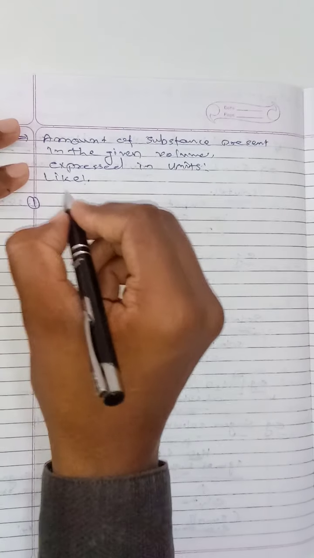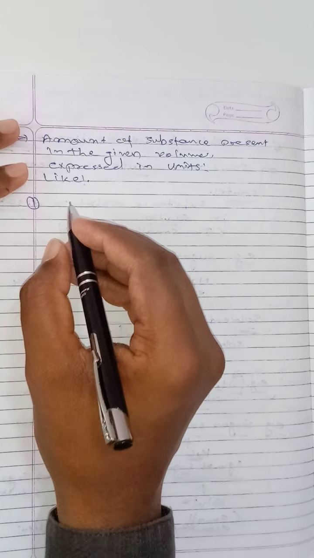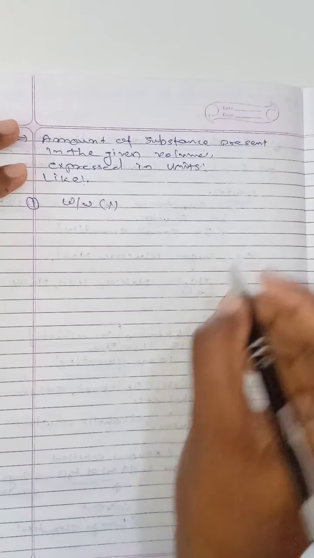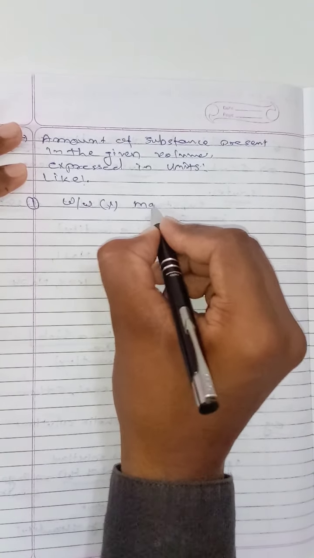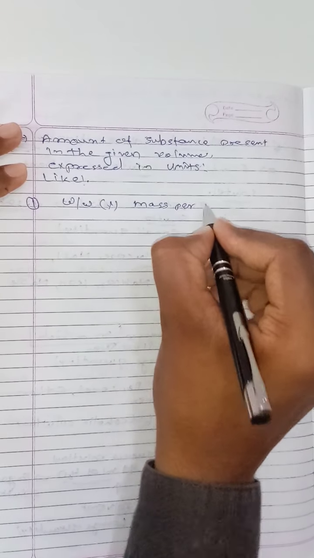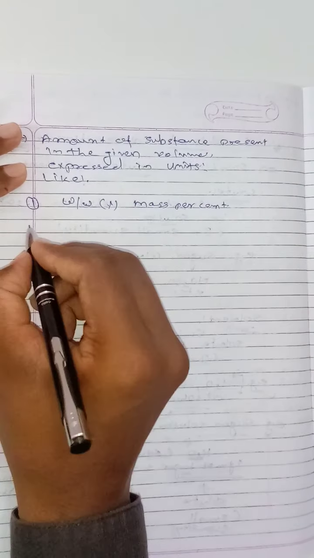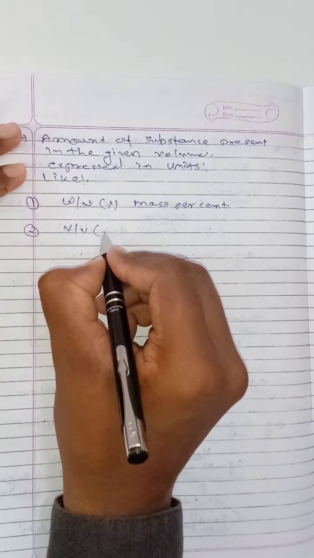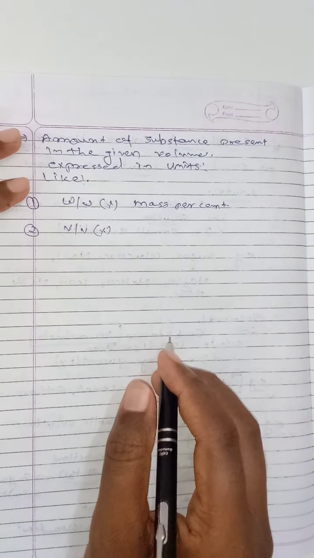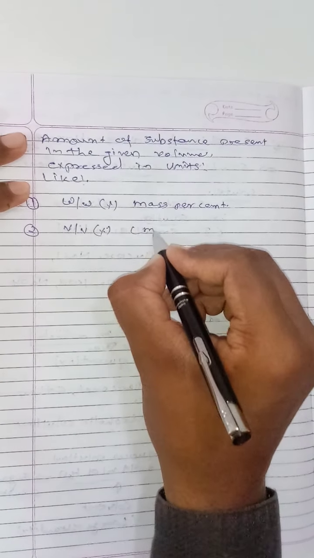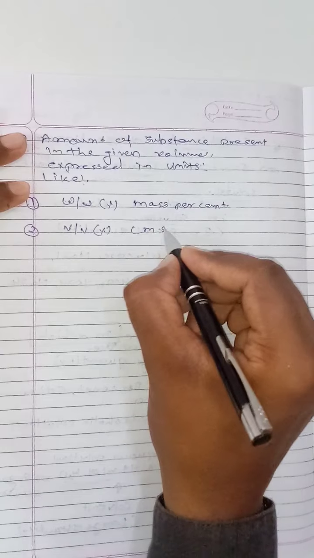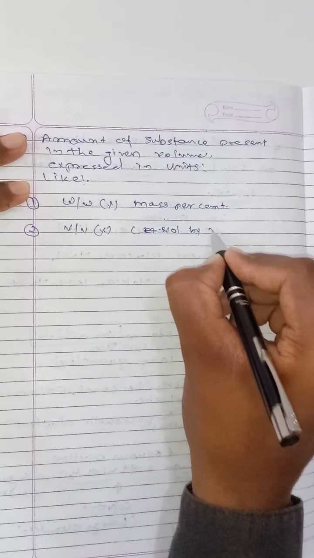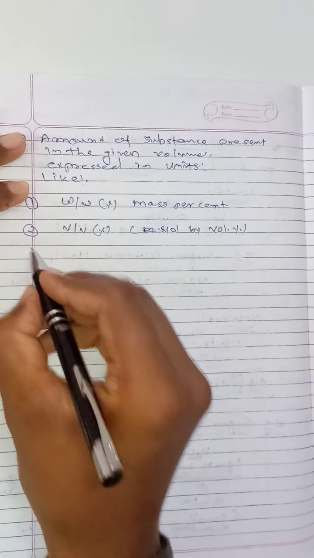Number 1, mass percent. Number 2, volume by volume percent.